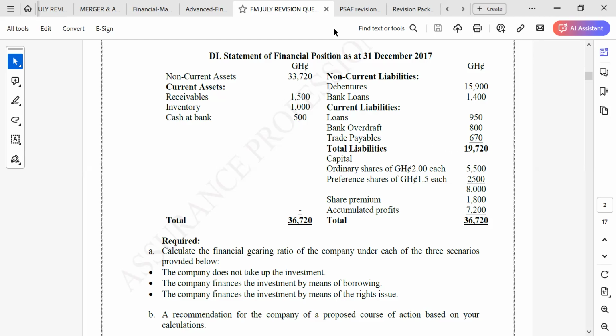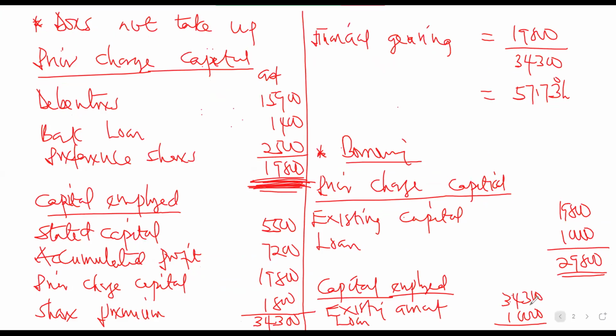So we divide, and without the loan, our current figure is 57.73. That is the current one without the investment. Our long-term debt is 19,800. Our total debt plus total shareholders' funds is 34,300.